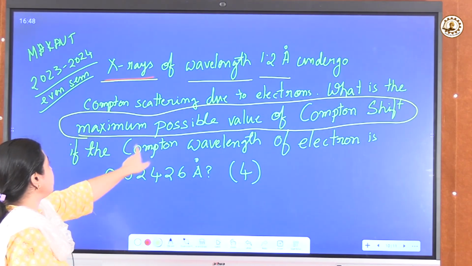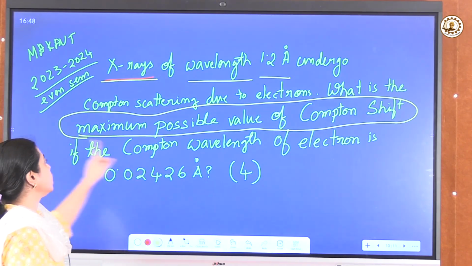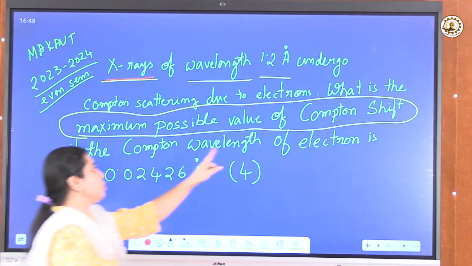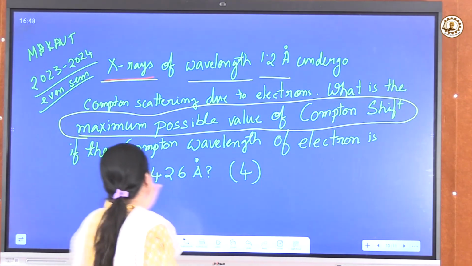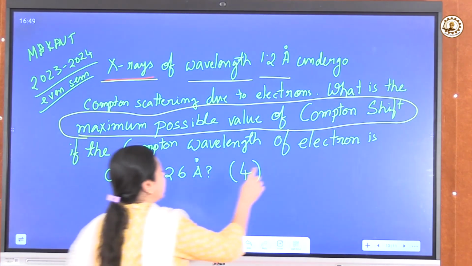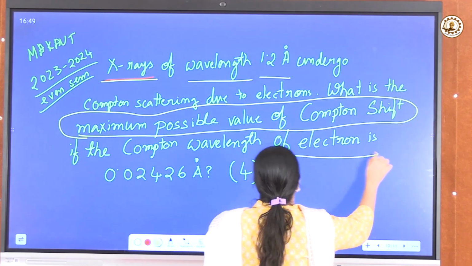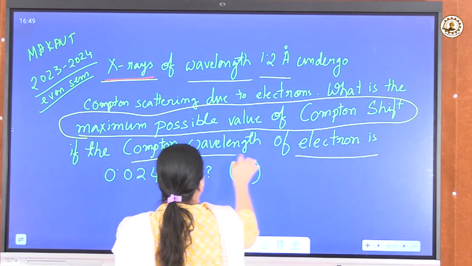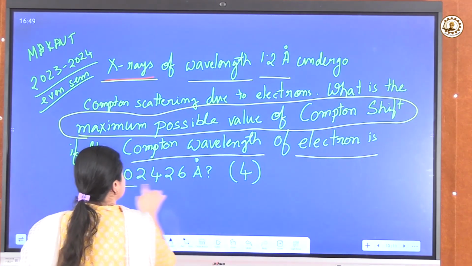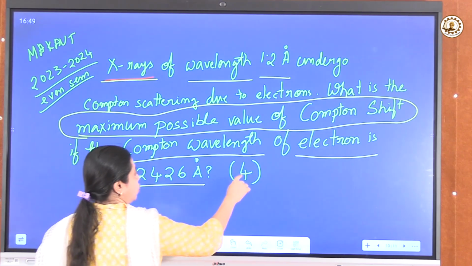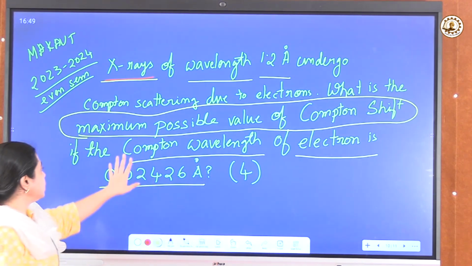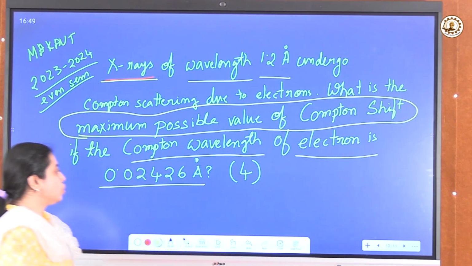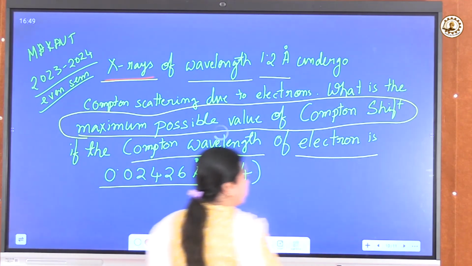What is the maximum possible value of Compton shift if the Compton wavelength of the electron is given? They have given you some data. The marks allotted are 4. Let us solve it very easily.